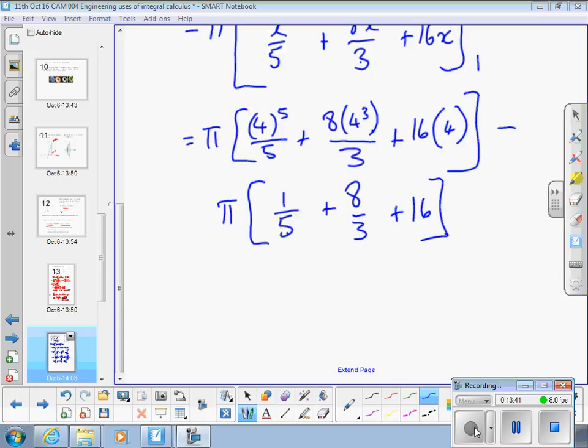So that comes to pi times, what does that bit evaluate to? Someone who's done it. 6592 over 15. That's that first bit, yeah?